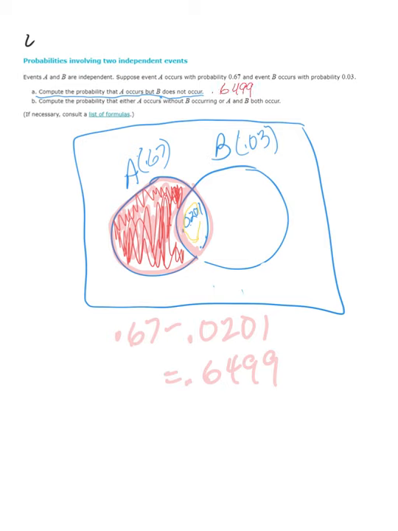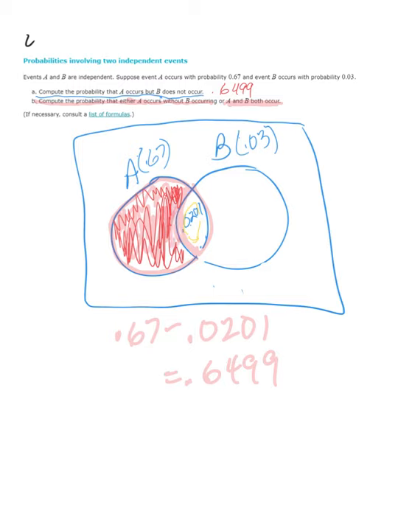All right. Let's see about the second part here. Compute the probability that either A occurs without B occurring, or A and B both occur. Okay, so in the first part we found out A occurs without B is what I've got shaded here in red.